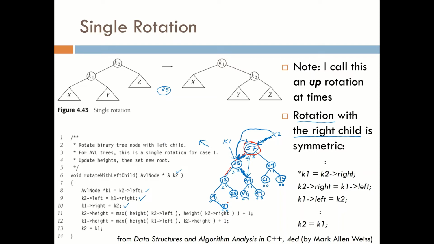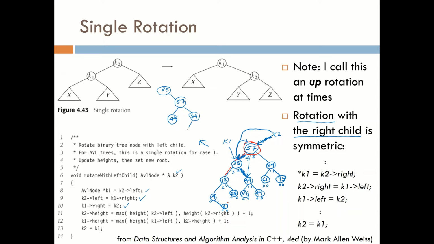Okay, and what's 35's right? Well, 35's right is this pointer here. So that's 57. Okay, and then what's 57's left? Well, that's 44. That didn't change at all. What's 57's right? That's 84.